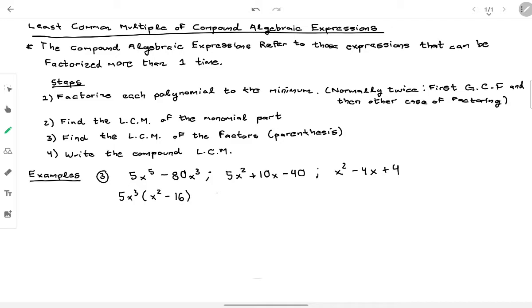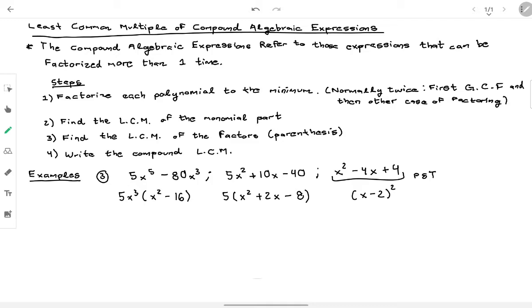Then we will have 5 that multiplies x squared that multiplies 2x minus 8. And finally, we will have this one that is a perfect square trinomial, and it's going to be x minus 2, all of it squared.